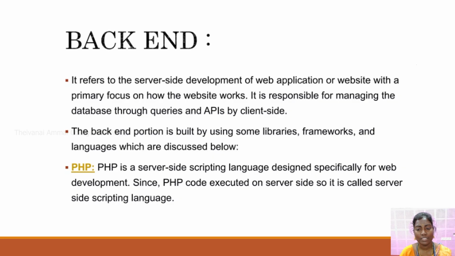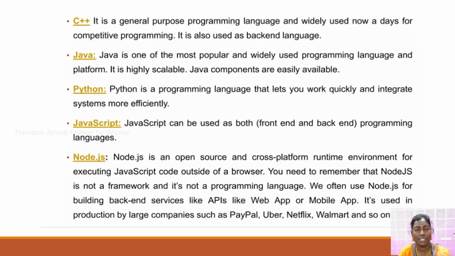So PHP, it is a server-side scripting language which is used for web development. PHP code is executed on the server side, and it is also called a server-side scripting language. C++, it is a general purpose programming language which is also used as a backend language.